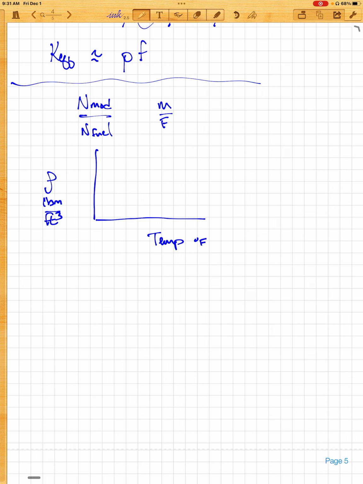So remember, this graph looks like this. Now we're up here at 550, and we want to go to 551, and we're going to have a density change of this much.